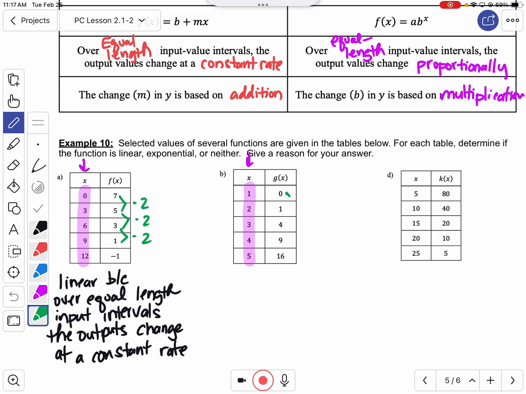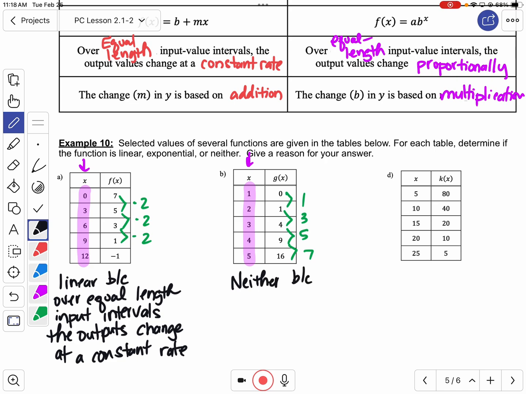This changed by 1. This changed by 3. That changed by 5. That changed by 7. So does it meet the qualifications for linear or exponential? We didn't add or subtract the same thing. We didn't multiply or divide the same thing. So we would say neither.